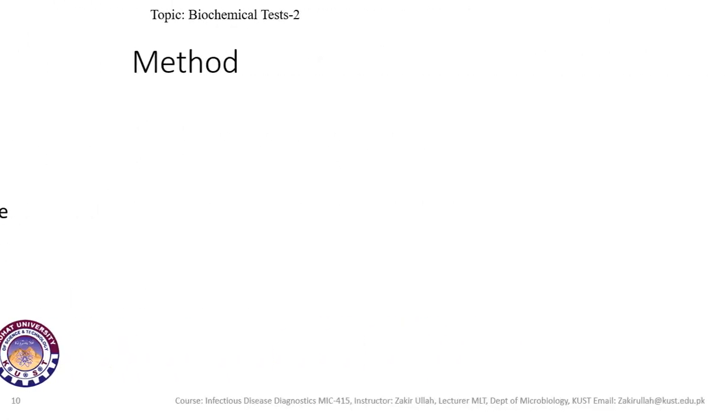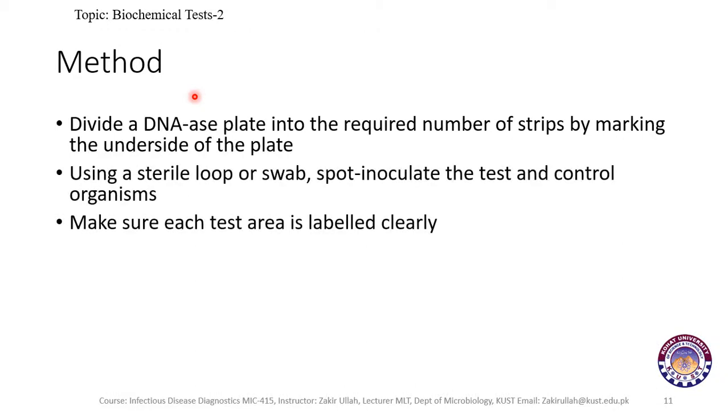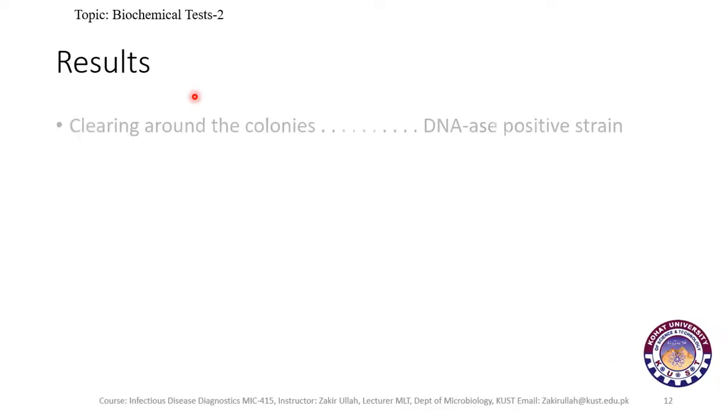The organism is cultured in media which contains DNA, and after that a weak hydrochloric acid is poured over it, which precipitates the DNA. The positive result gives clear areas around the colony.